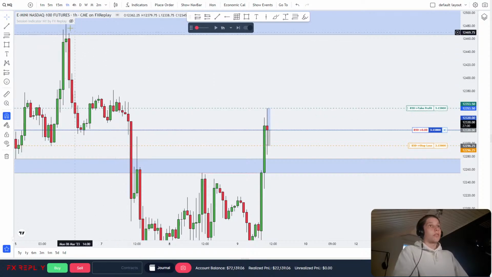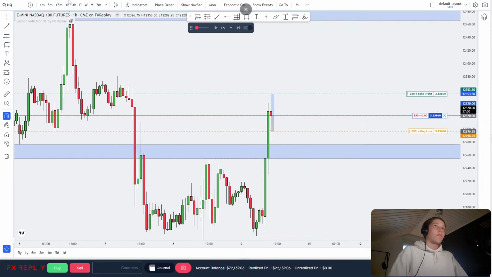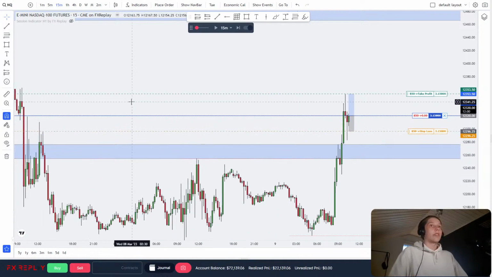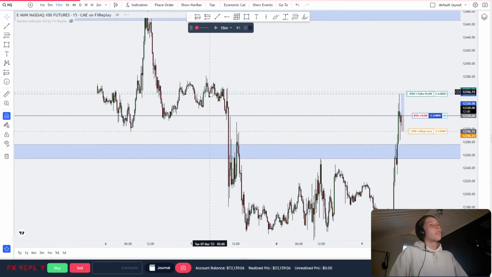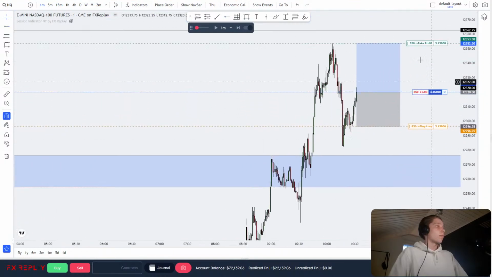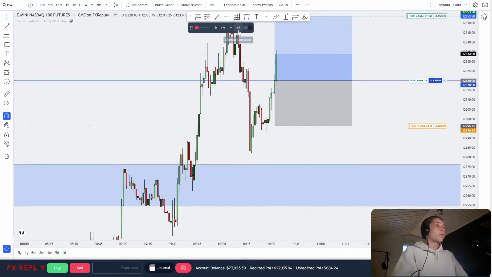But if you look at what price is doing, order block in this range, fair value gaps, it just doesn't feel safe. Although there's a lot of liquidity up here. So let's just try this out with break-even stops here.